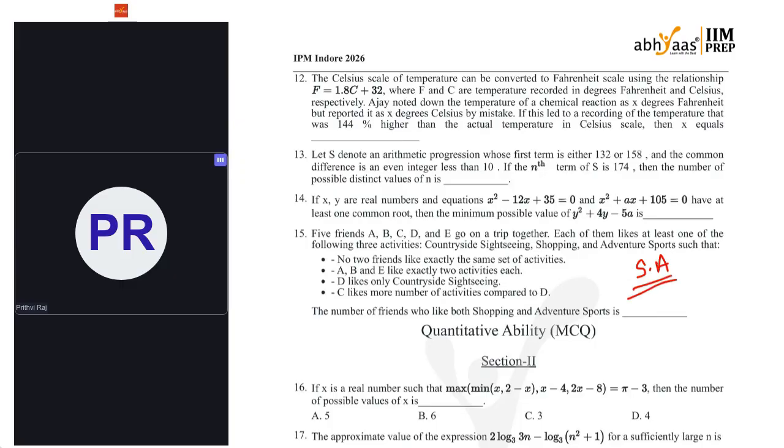Shopping and adventure sports can be liked by whom? D likes only countryside. C likes only this thing. But here it is asking both. So it's nothing but 2. We have done it previously, just refer to that.